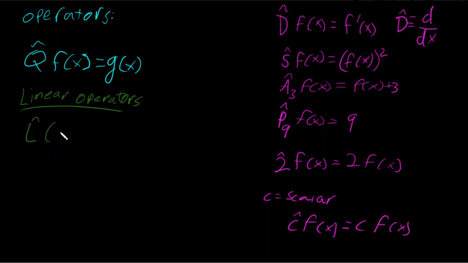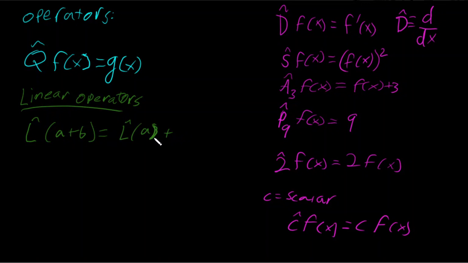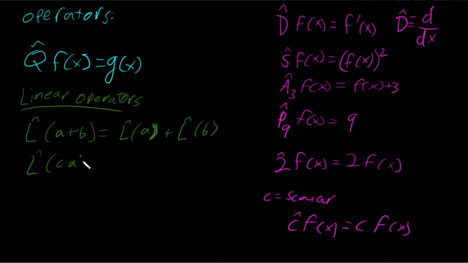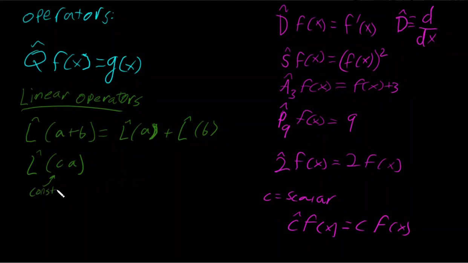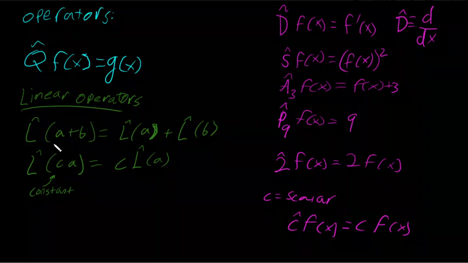L hat, a linear operator acting on A plus B, must be L hat acting on A plus L hat acting on B. And the other criteria for being a linear operator is if I have some constant times A, where C is a constant, this is equal to that constant times L hat acting on A. So we can take a constant out of the operator, and we can sort of distribute this operator.